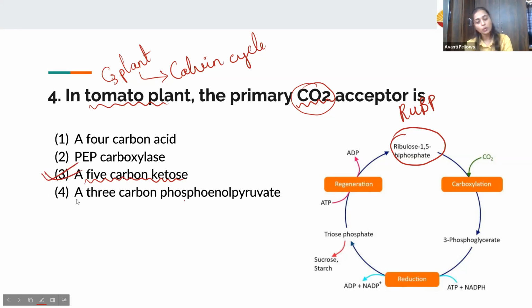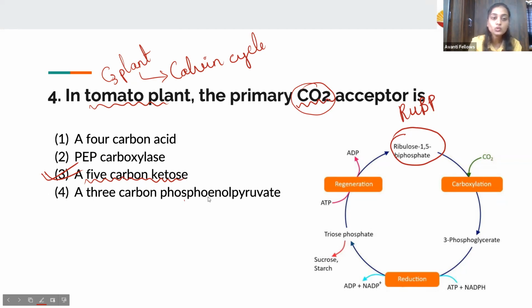So the correct option is option number 3, that is a 5-carbon ketose.